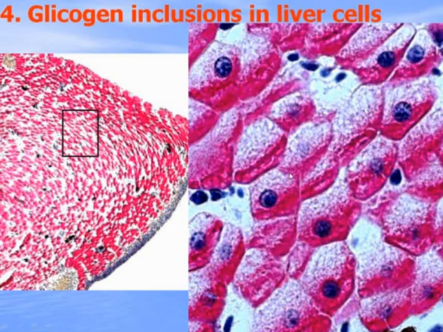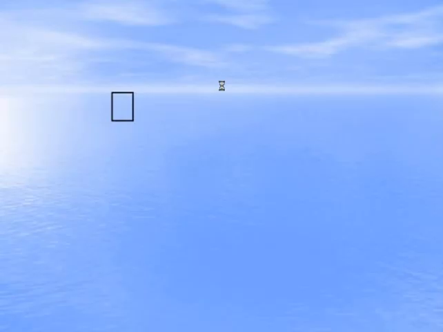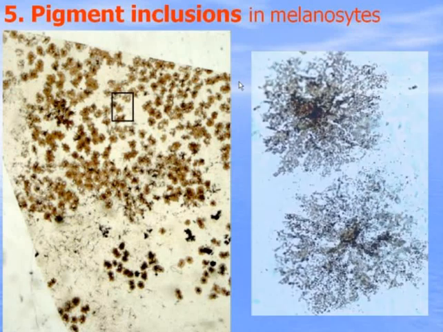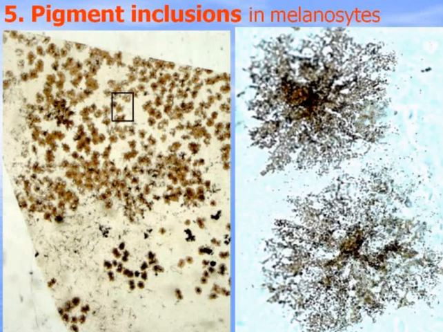The liver cell contains a blue nucleus and pink granules of glycogen in the cytoplasm. Pigment inclusions in melanocytes contain small granules of the pigment melanin, responsible for the color of skin, hair, or eyes.